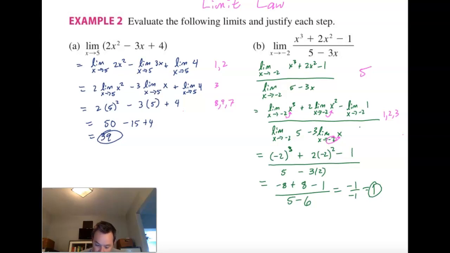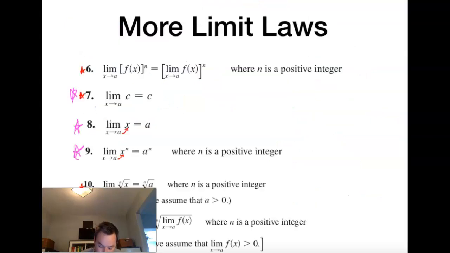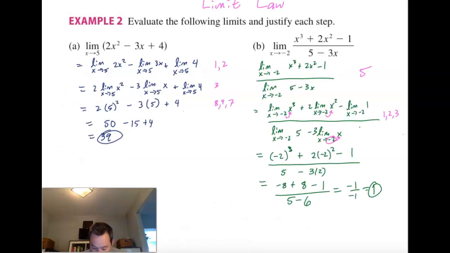Oh, I forgot to verify what my last steps were, or my last laws were. I was using basically 7, 8, and 9, right? So I'm going to say that was 7, 8, 9. So I've evaluated both of these, and I've justified each step with which limit law I used.